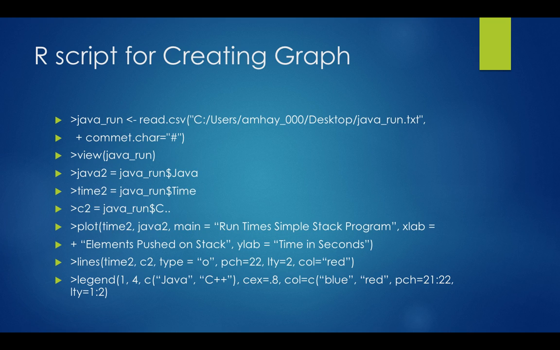Then each variable was stored into a variable name, as in java2 equals java underscore run $Java. These variables were plotted, and each graph was distinguished by a color and either a solid line or a dashed line.